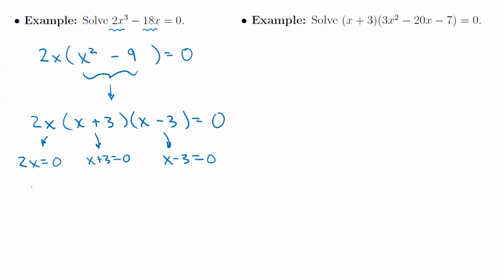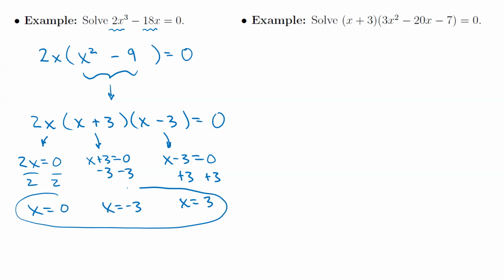So everything that has a variable. And then we just solve each of these individual little equations. And in this one, you solve just by dividing by 2, so x equals 0. So here's one where there's actually 3 solutions. There's 3 values of x that if you plug them in to the left side, it'll equal the right side.